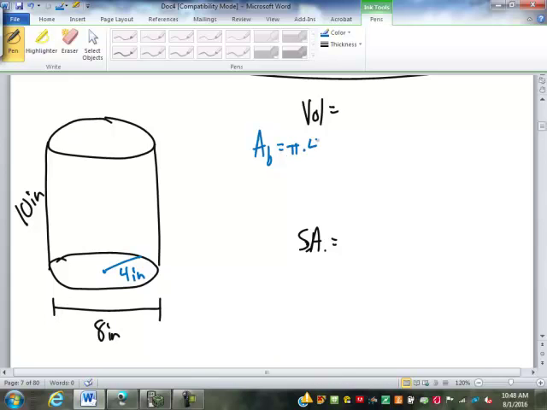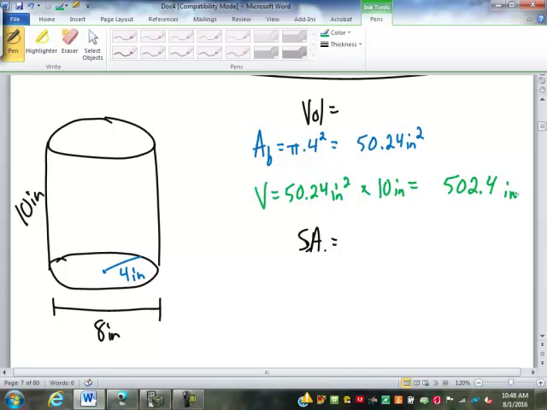So the area of the base is pi times 4 squared, or 50.24 square inches. So therefore my volume is 50.24 square inches times the height of 10 inches for 502.4 inches cubed.